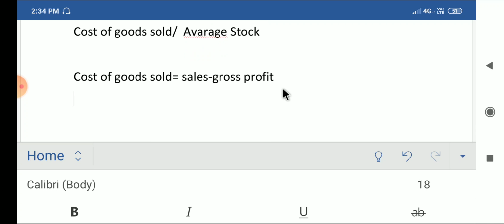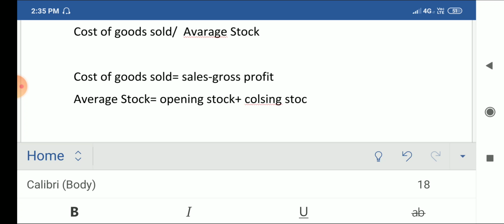And average stock is equal to opening stock plus closing stock divided by 2.